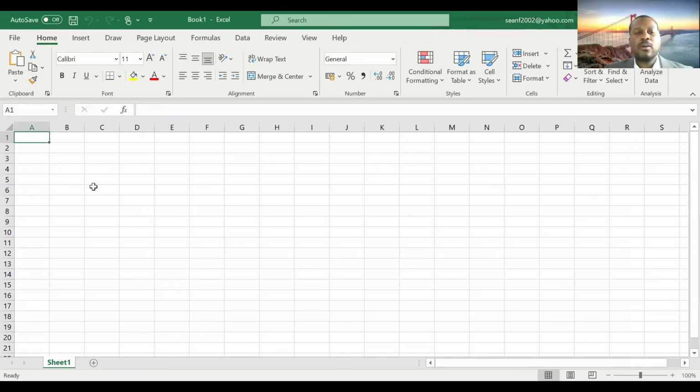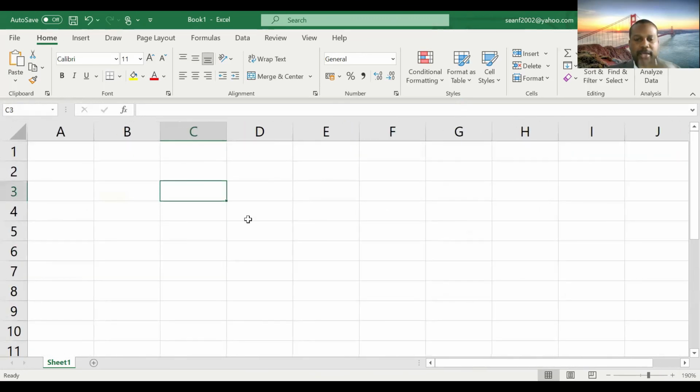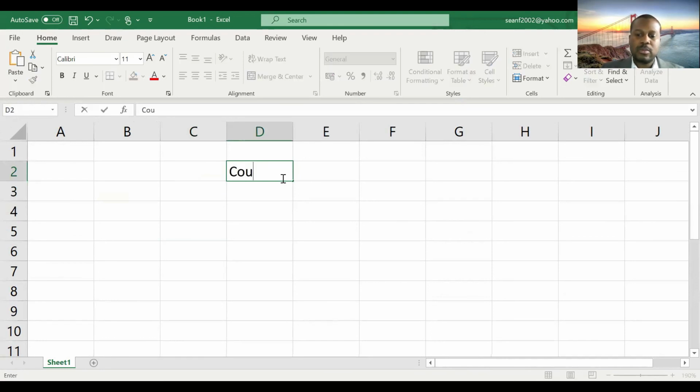Okay, so let's look at the basic concept. When we are looking at this concept, we first of all need to look at the coupon, and then we have the yield to maturity.